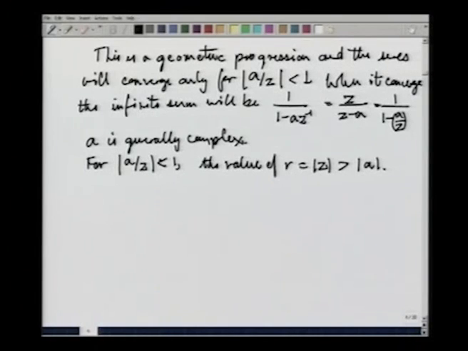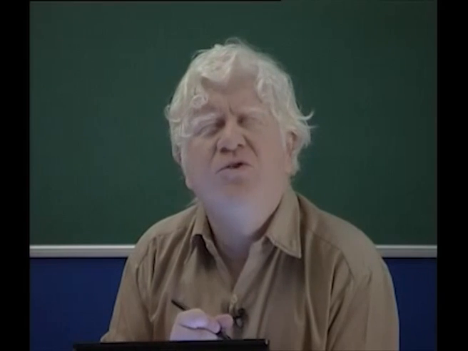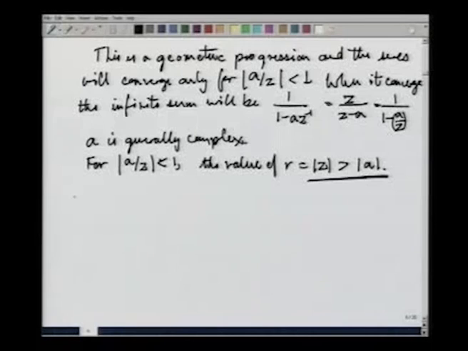Mod z must be greater than mod a. So, this defines what is called the region of convergence, the set of values of z for which the Z transform exists.